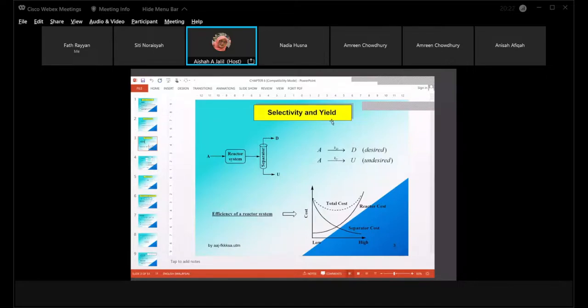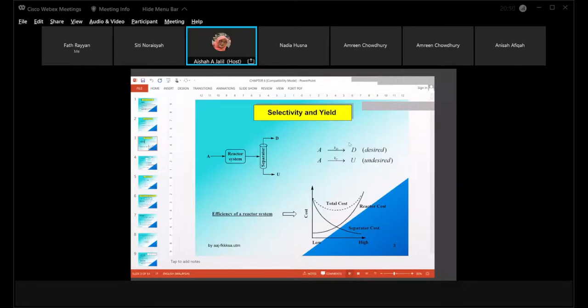And then the yield, how to calculate the yield? You must calculate it usually based on the reactant. For example, you get D in grams, and then you take D over A, times 100, so you get the yield.